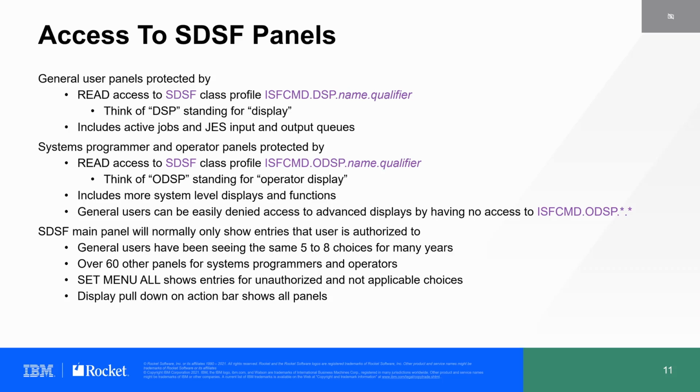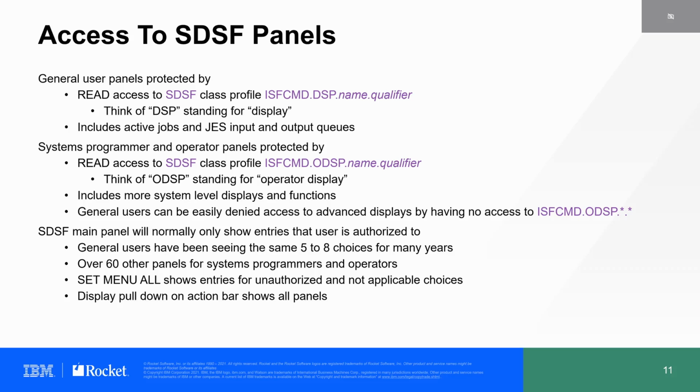And as far as they're concerned, if you do that, then they're just going to see the same old 5 to 8 choices that they've seen for many, many years, and they will not see the 60 or 70 or 80 rows on the main panel that operators and systems programmers will see.